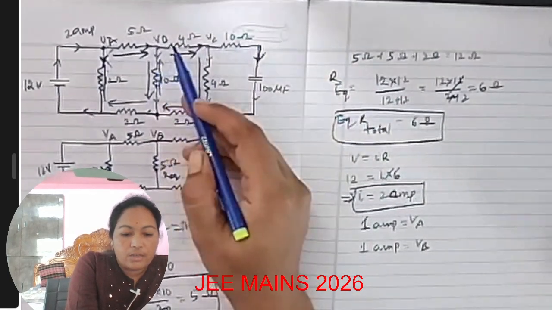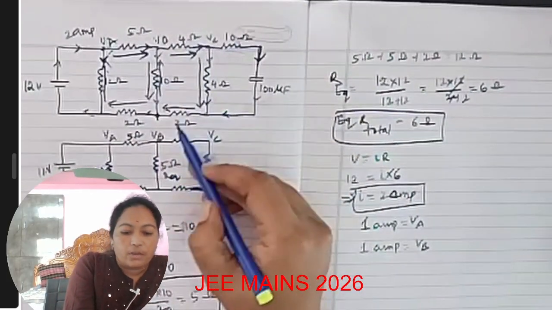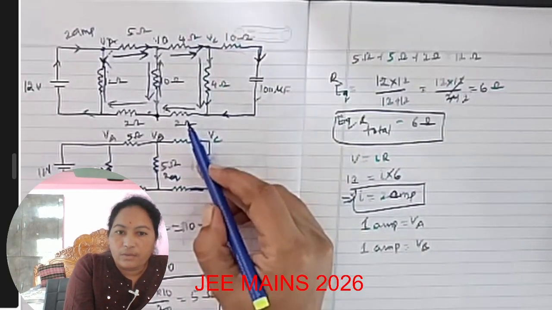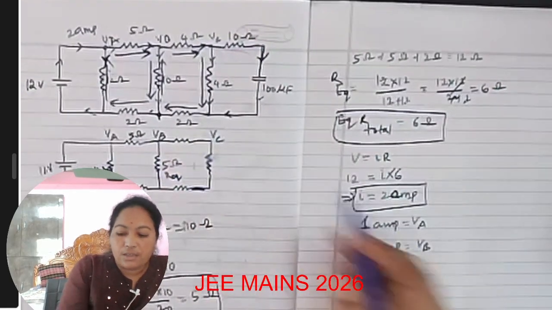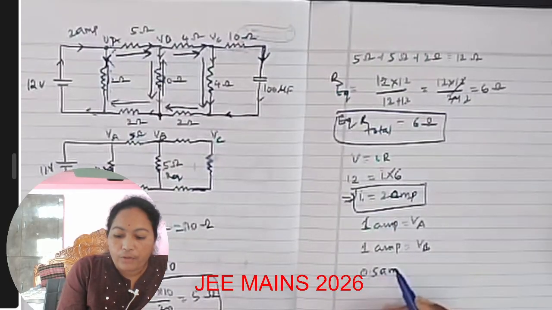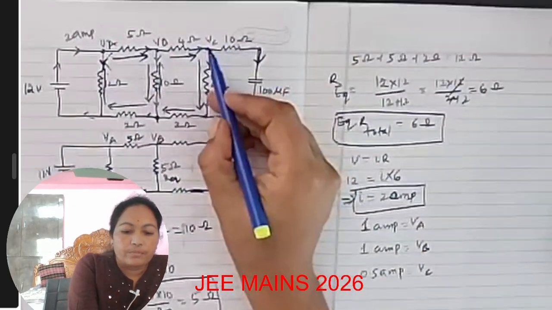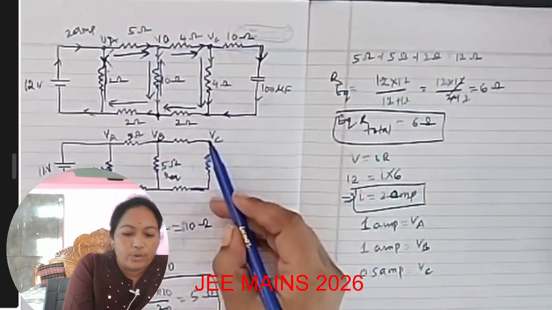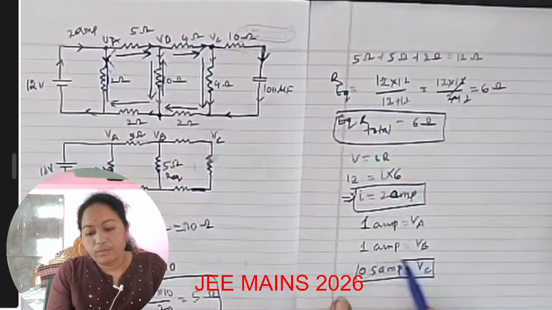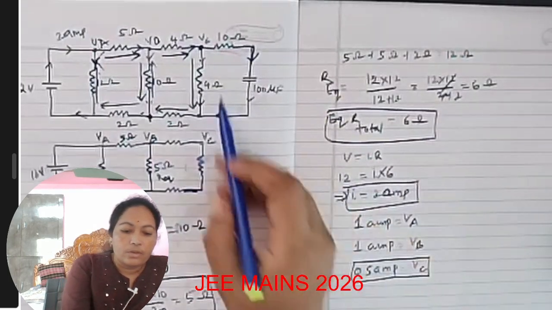So it divides into equal parts, 0.5 amperes. At this part, 4 ohms, 4 ohms, and 2 ohms are in series connection. That will be 0.5 amperes at VC. At the VC node, 0.5 amperes of current will flow.